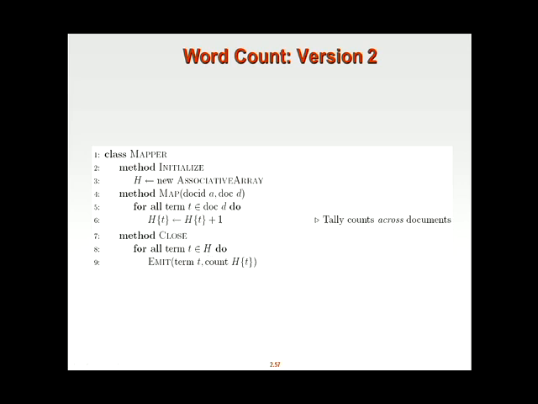This is called in-mapper combining. Within the mapper, we use a local data structure to preserve some data statistics for our job across all the documents.